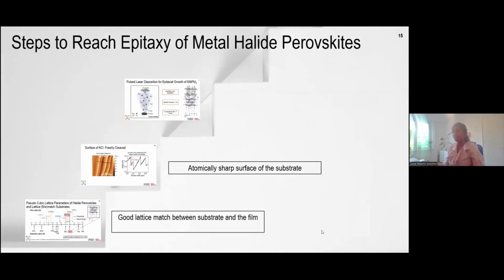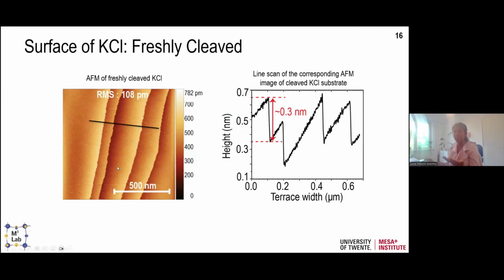And the next step is to have an atomically sharp surface for the substrate, because this is the surface that the species arriving see, and this acts as the growth front for the film to grow. So for that, how we prepare the substrate is we cleave the potassium chloride substrate.